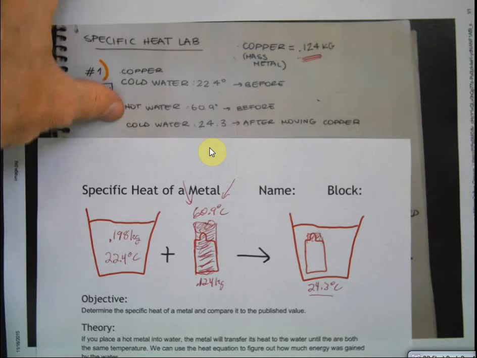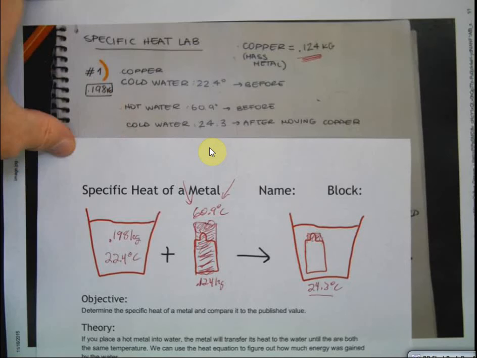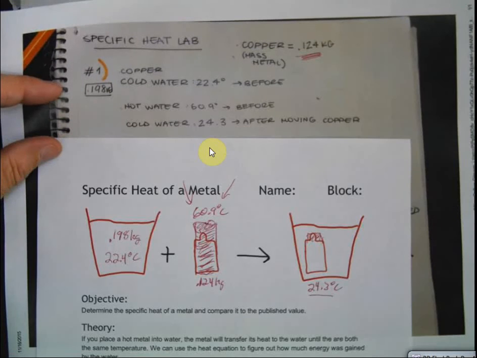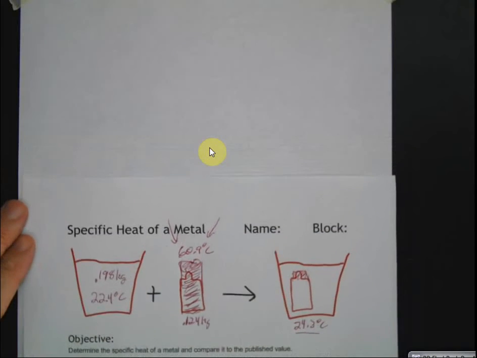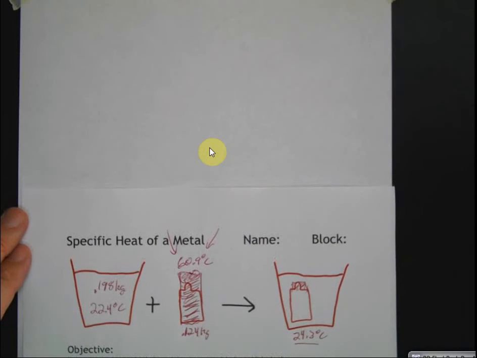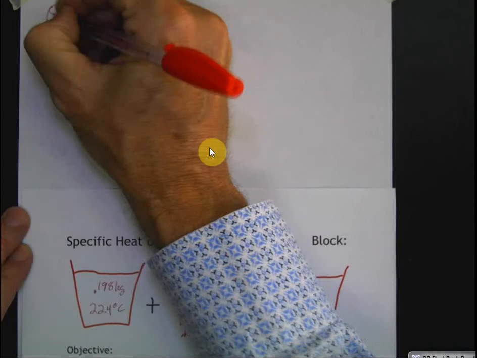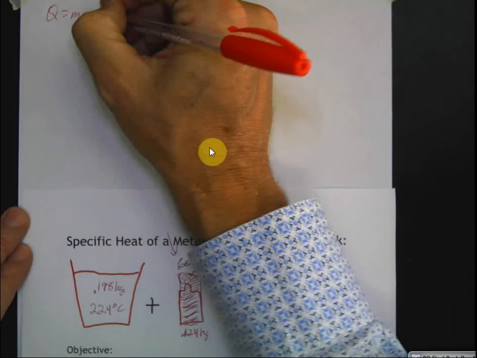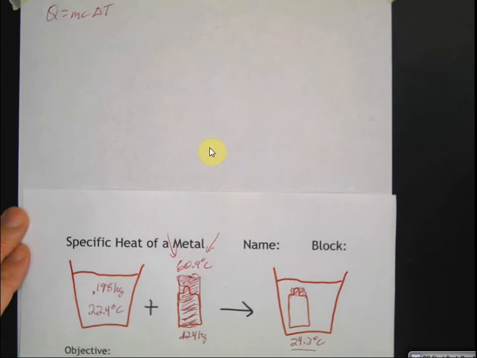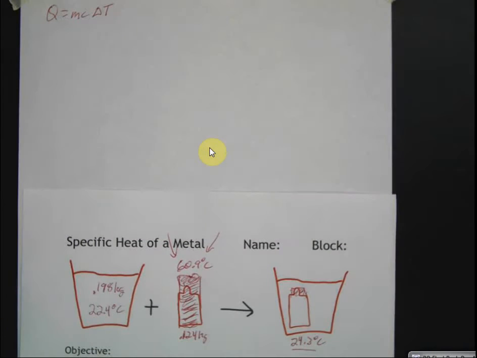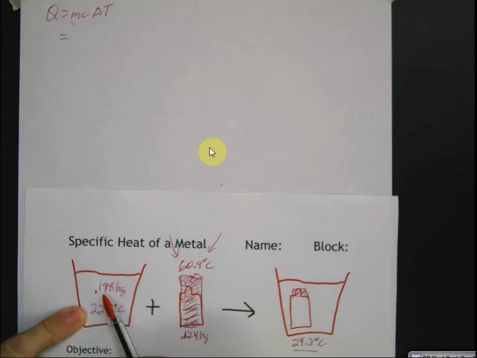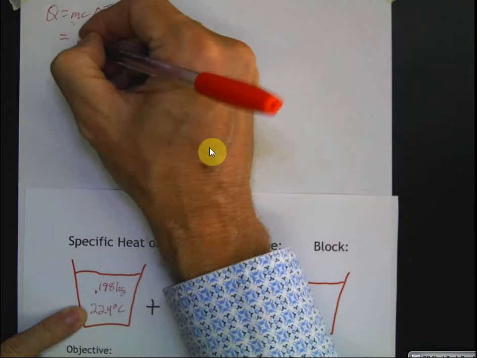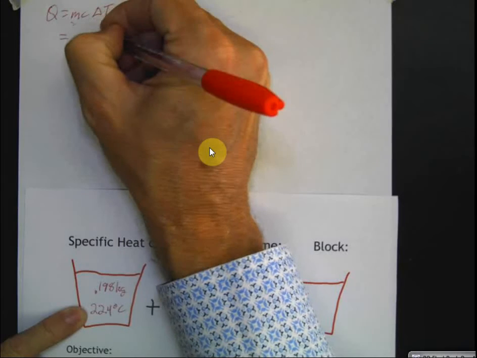So now I'm going to go ahead and look at the calculations that we do, for example, in this case. And so let's take a look. We're going to use Q equals mc delta T, as we talked about in class, for the water actually changing temperature. So for the mass, we're going to put in the mass of the water, which is 0.198, and that's kilograms.